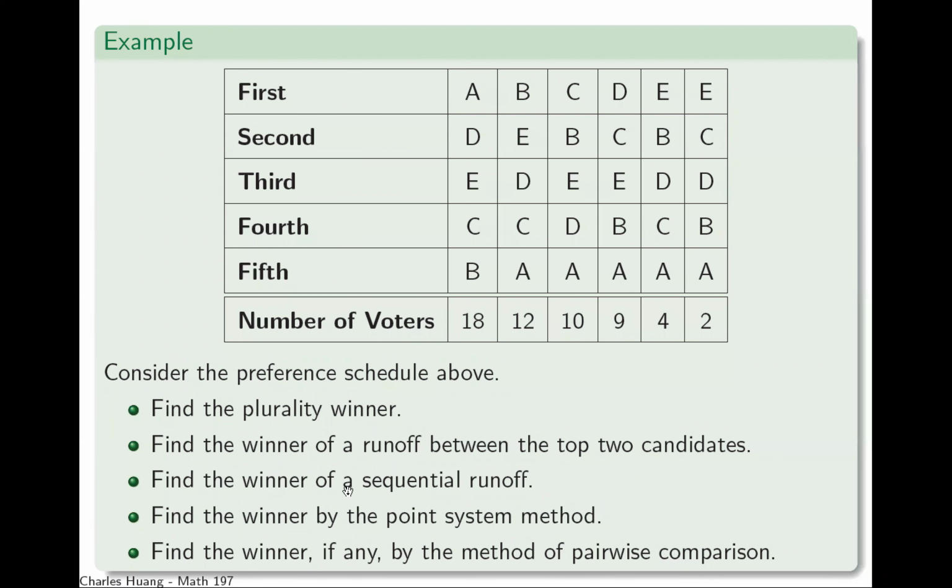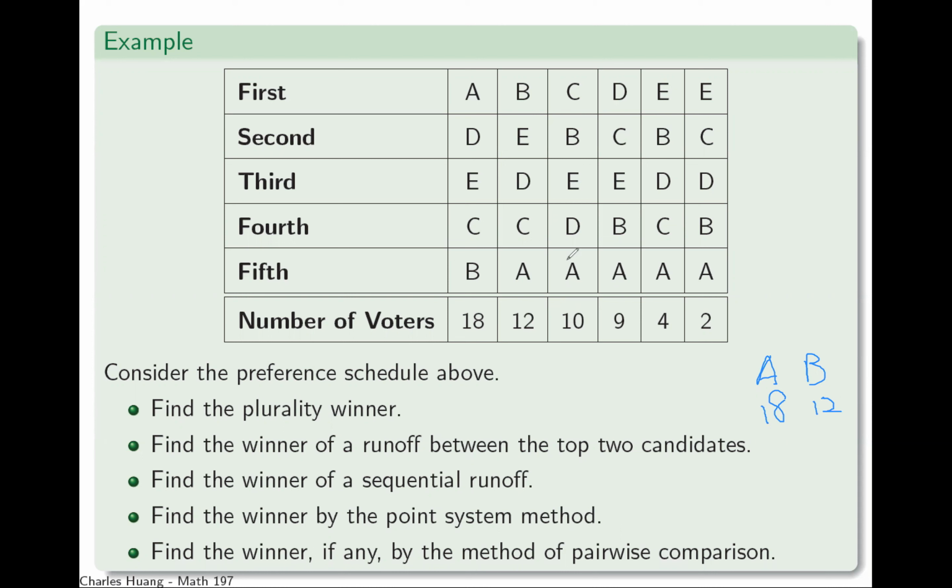What we'll then do is a runoff between them. We'll compare A and B, and we'll see who has the most votes if I vote again in the second round. In the second round, 18 people will vote for A still. 12 people will vote for B.